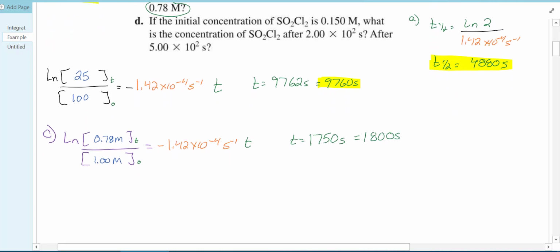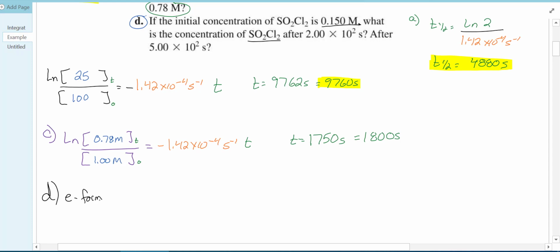All right, last but not least, D. If we look at D here, it says initial concentration is 0.15. What's the concentration after 200 seconds? For D, I would use the e form. Sounds like an electronic form, but it's actually not.